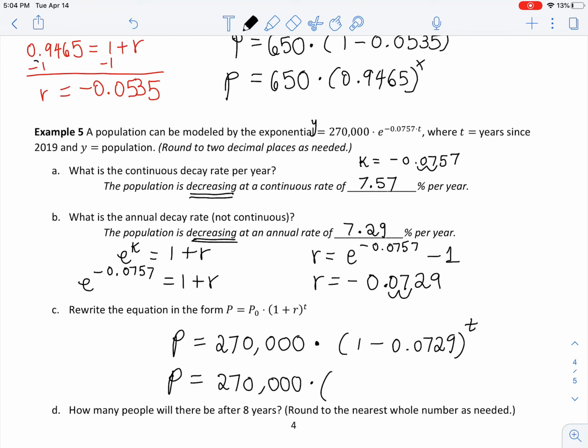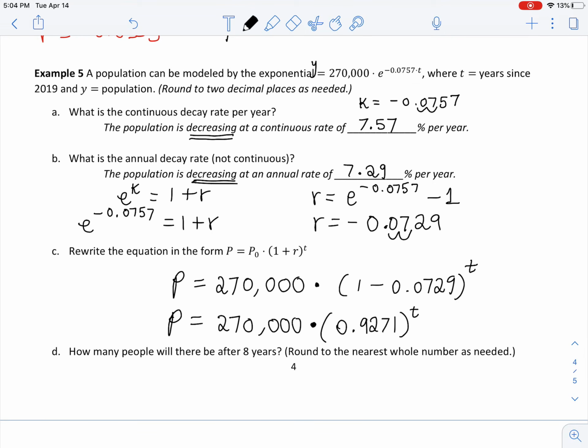I'm going to type this in my calculator. 1 minus 0.0729 is 0.9271, raised to the t power. So we got it. Our practice problems are all about converting a continuous growth or decay equation down to an annual growth or decay equation. In this case, it was a decay, right?